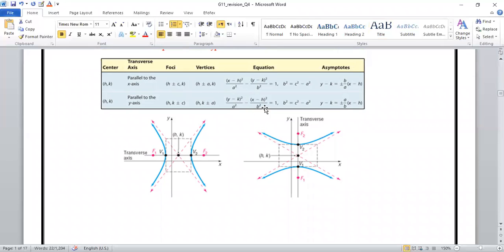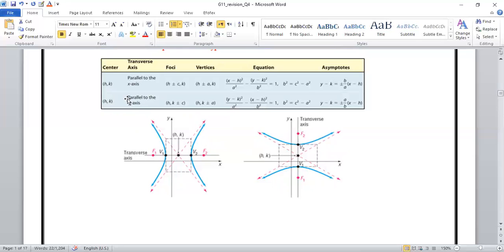In the first, we always put the transverse axis term above A square. So in case it is parallel to the x-axis, we put x minus h all square over A square minus y minus k all square over B square.